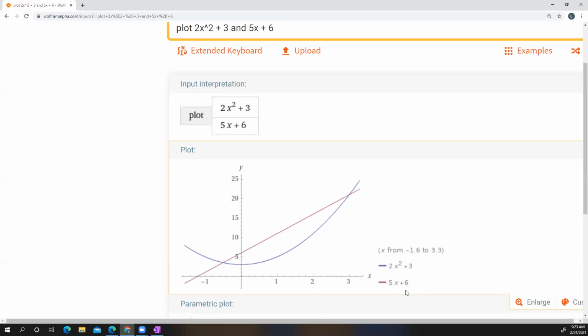So in our case, at what points of x is the purple line above the blue curve? It's pretty clear from the plot that the purple line is above the blue curve in this region. So that corresponds to -1/2 to 3, and you're going to include those endpoints.